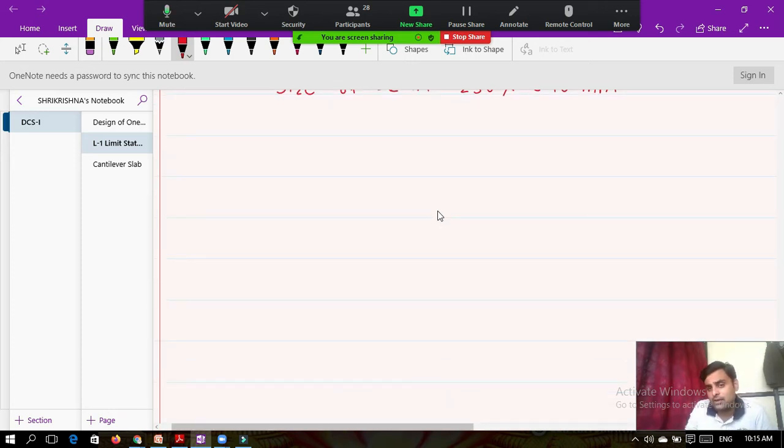Otherwise, if you remember, for slab we use the IS code to calculate the effective span, using two clauses: center to center distance between the supports, or clear span plus effective depth. Those two clauses are also applicable for the beam. The same clauses you need to use for the beam also, so keep that in mind.